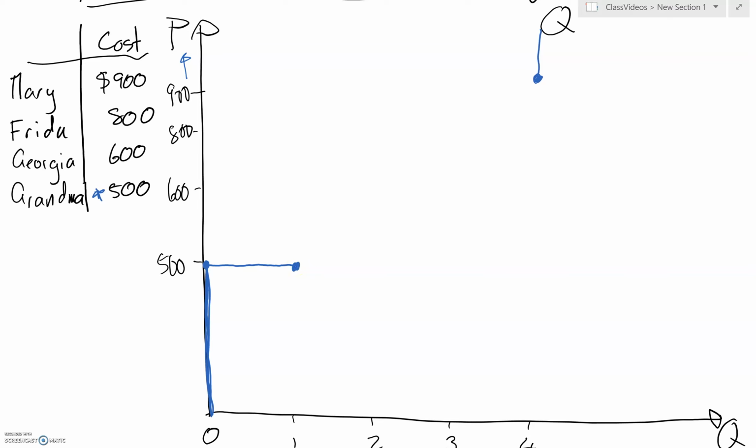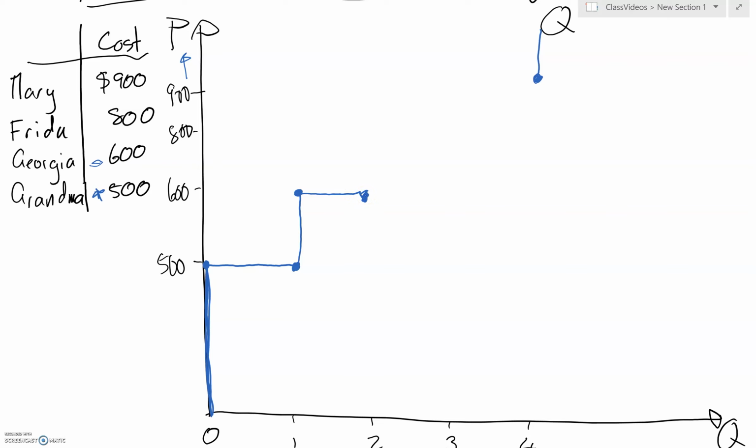Then, as the price gets a little bit above $500, Grandma definitely wants to sell, but Georgia isn't interested until the price gets up to $600. And so when the price is $600, we could either get 1 item being sold, that would be Grandma, or 2, this would be Grandma and Georgia.